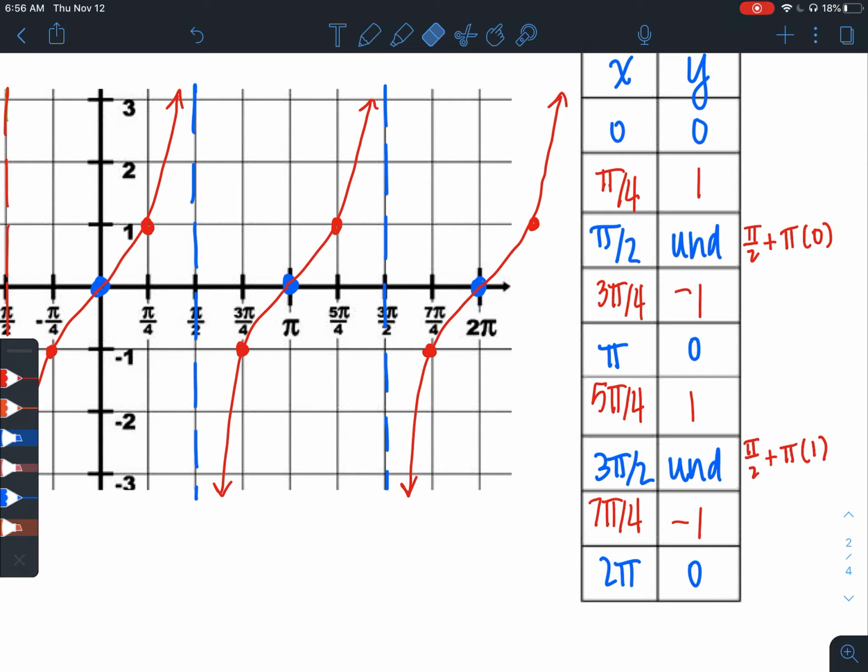And then at 5 pi over 2, we would have it undefined again, and that one would be pi over 2 plus pi times 2. So that's what that n means. It's just the number of times that it's repeating.